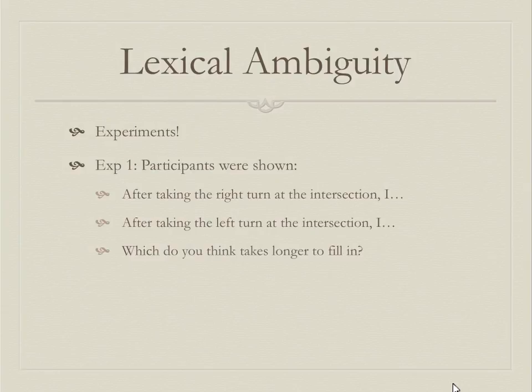So here are some fun experiments that people did to try to figure this out. The participants were shown things like, after taking a right turn at the intersection I, blah, blah, blah. After taking a left turn at the intersection I, blah, blah, blah. Which one do you think takes people longer to create a sentence from?